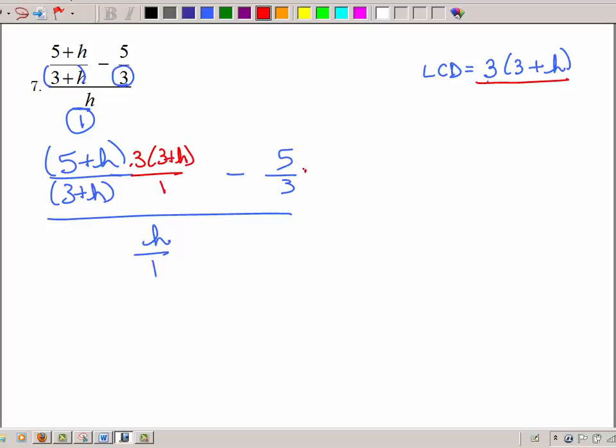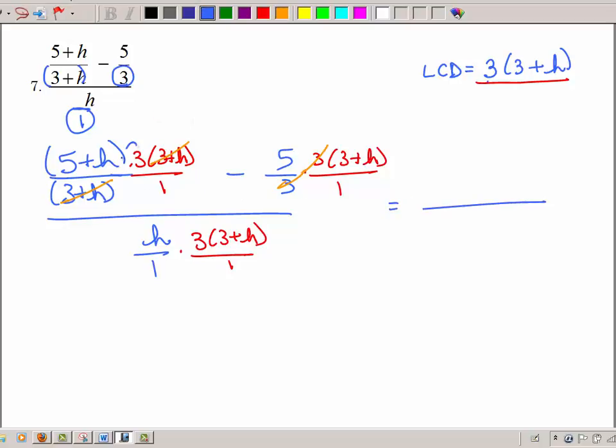Put that over 1 if that helps you. And now I want to reduce. Notice those reduce out, those reduce out. So what do I have left here? I have that 3, and I'm going to go ahead and distribute. So that's 15 plus 3h minus, I'm going to distribute there as well. So I have minus 15 minus 5h.